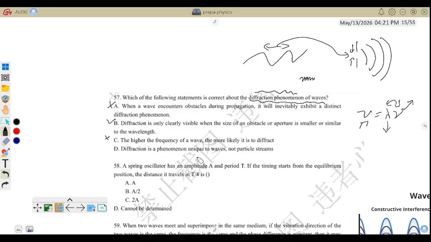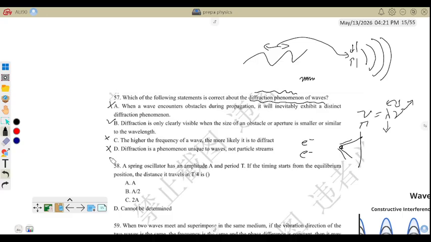D: Diffraction is a phenomenon unique to waves, not particles. Classical physics says that, but quantum physics doesn't, because, for example, if electrons are fired at certain obstacles, they will scatter and show a diffraction phenomenon.